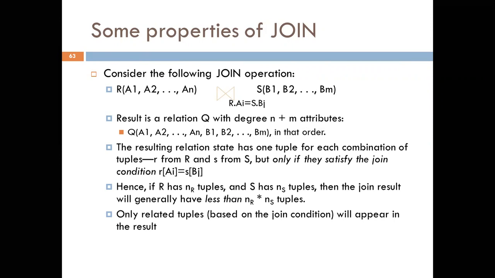So some properties of join operation. Let us consider two relations R and S. R has n number of attributes and S has m number of attributes.